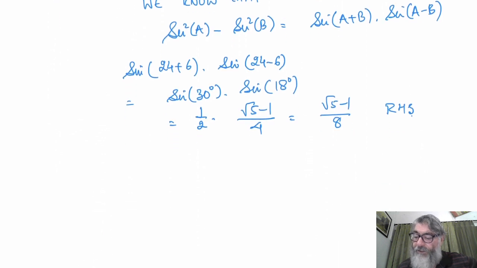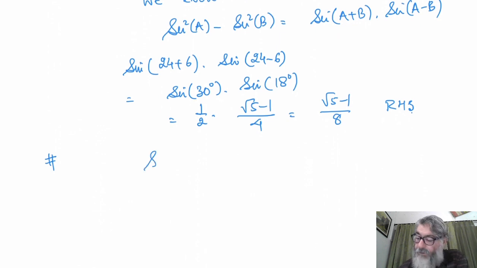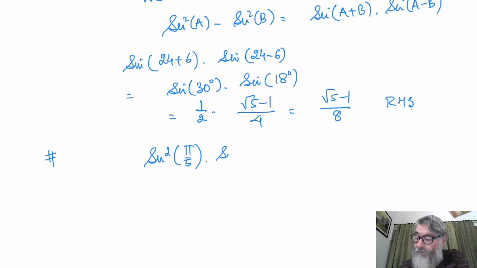Now let's see the next sum. It says sine square pi by 5 into sine square 2 pi by 5 is equal to 5 upon 16. We have to prove this.